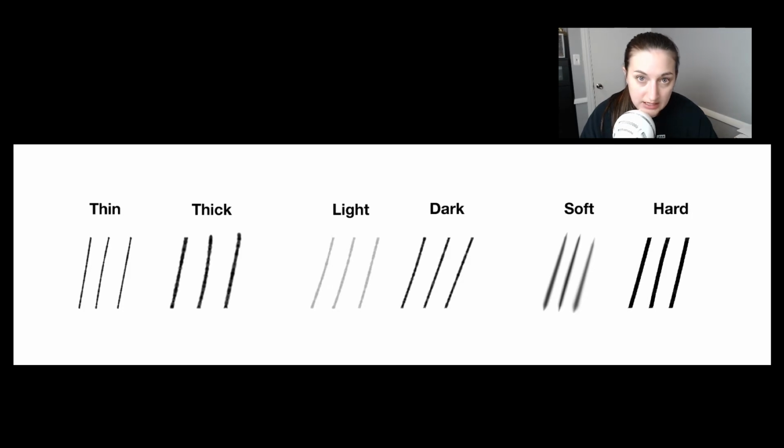Your line does not stay one characteristic from beginning to end. It takes on many different characteristics. It can change from thick to thin, and it should. It can change from dark to light, and it should. And it can change from soft to hard, and it should. So it does not just have one of these qualities when you're drawing a line. It has many.